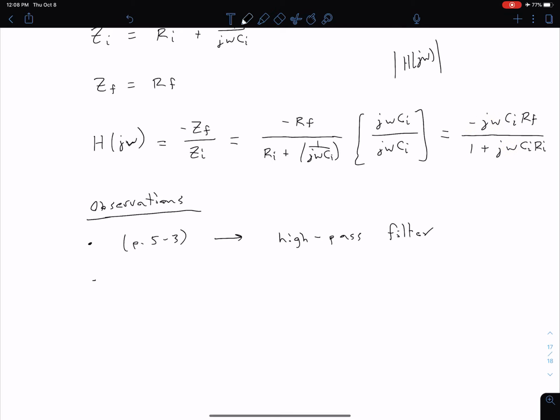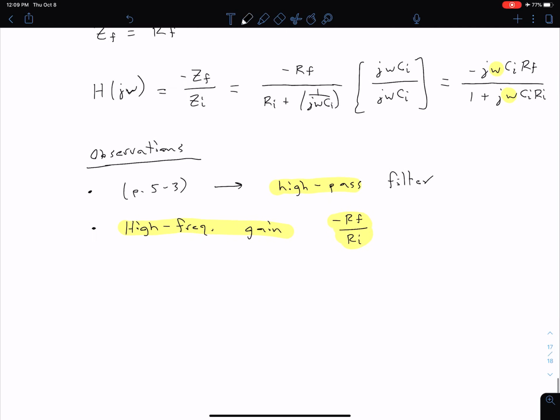Our low frequency gain, of course, is going to be 0 because it's blocking it. But our high frequency gain is going to be when we have our really large omegas. What we can see is the omegas are going to cancel out, our C's are going to cancel out, and we're just going to be left with negative Rf over Ri. So it's a high pass filter, and here is our high frequency gain.